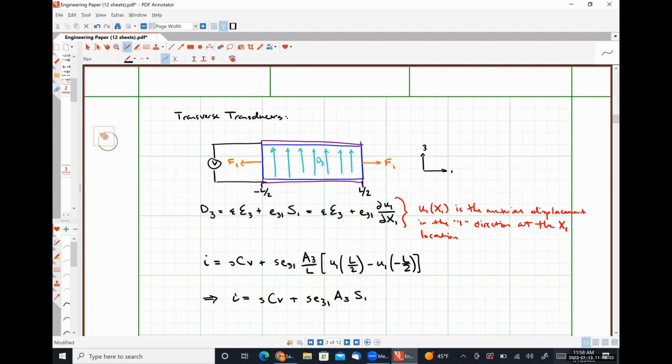So exact same equation as we had before, except that we use the transverse piezoelectric coefficient when the strain is applied in the transverse direction. If you wanted to derive it, the steps are literally the exact same.